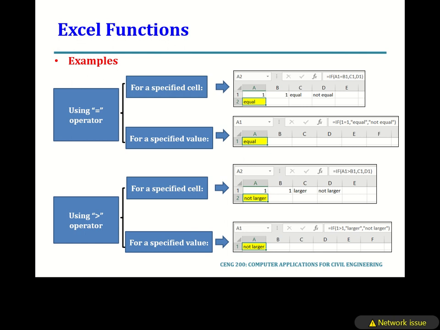Then it will start searching which function is equal, and obviously it will not find it, so it will give me an error. Okay, this is what happens. Like I mentioned earlier, you should know what is happening inside Excel. So when I don't give the inverted commas, Excel will assume this is also a function. So which function is not equal? Nothing. So it will give an error. Got it? Clear or not?